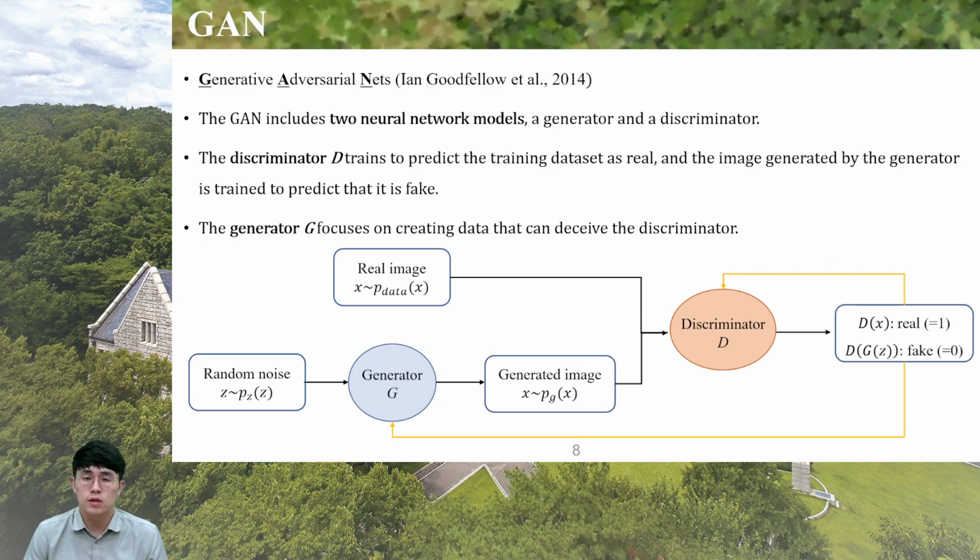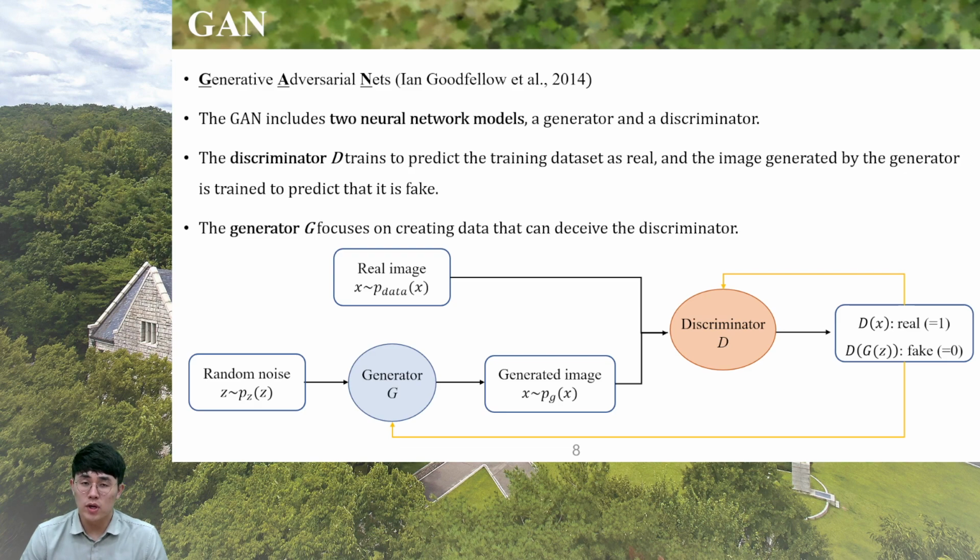GAN is a network that combines the two earlier mentioned models. Through the classification function, the discriminator separates the actual input from the generated fake data, and the generator generates the images.